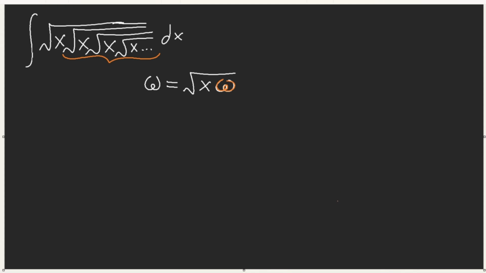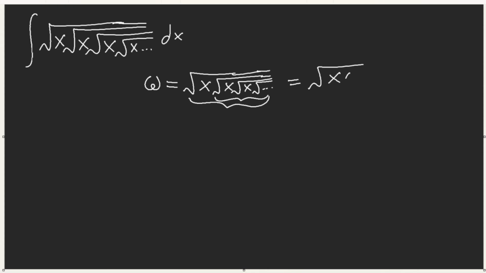Or, to better visualize, we have this that constantly goes forever, but because omega is equal to this whole thing, which is the same thing as the inside, we can just substitute like this.